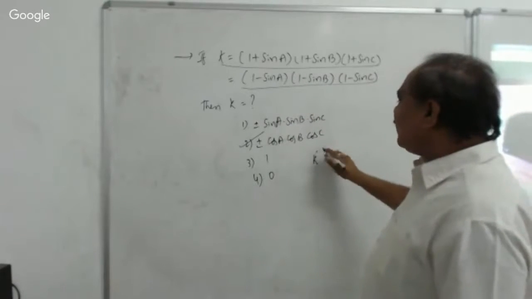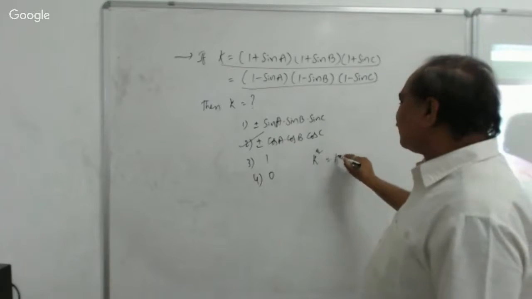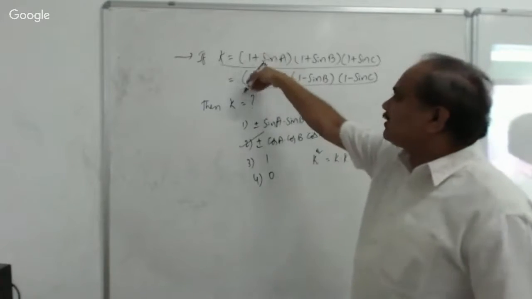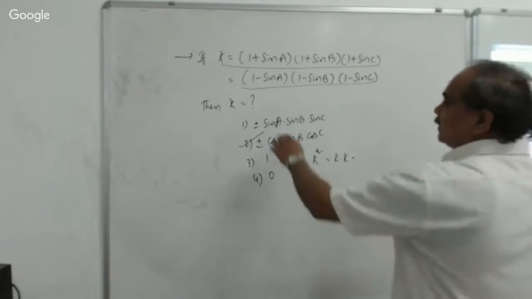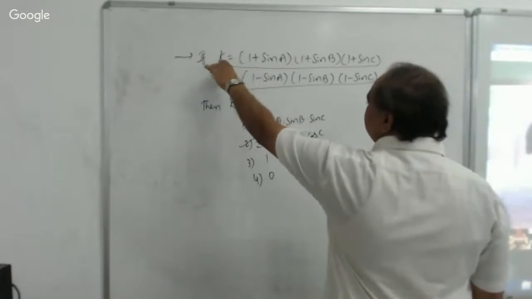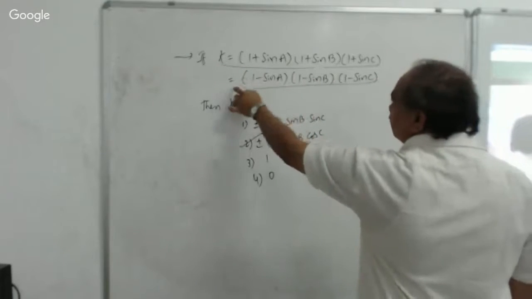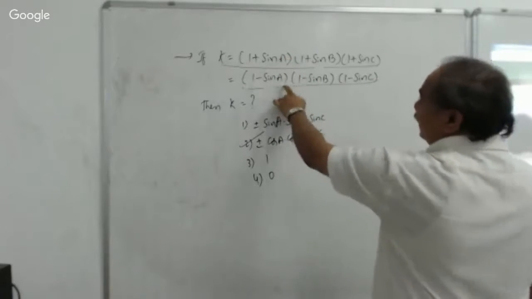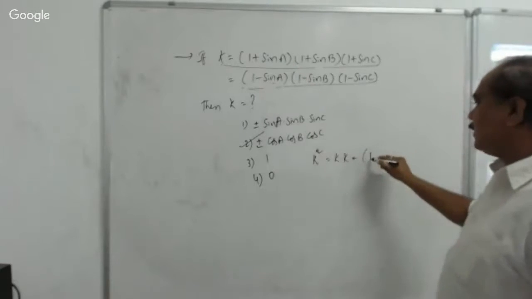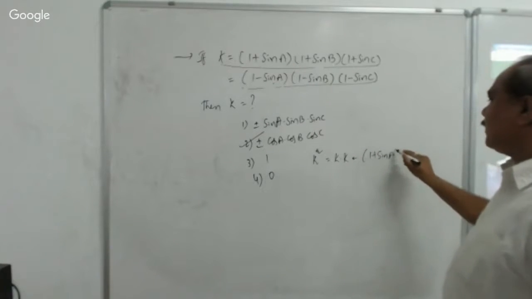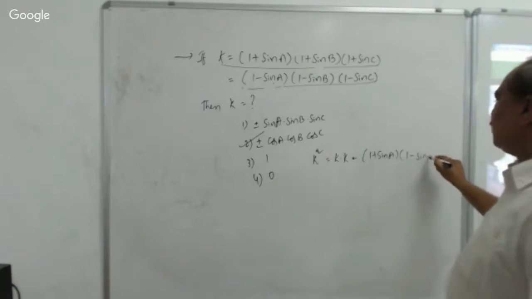So what is k into k? Just multiply these two expressions, because it is also k. K into k means this into this: 1 plus sin A into 1 minus sin A.